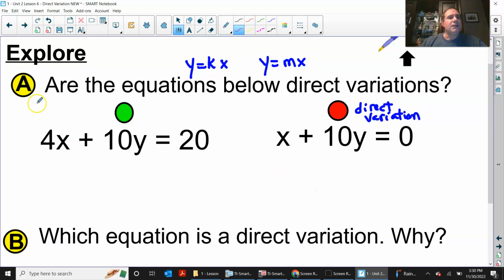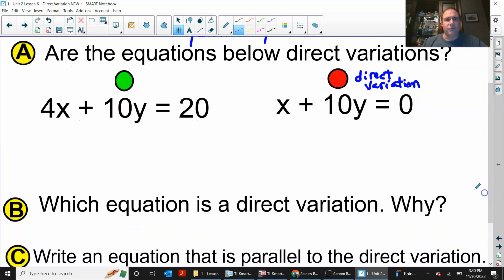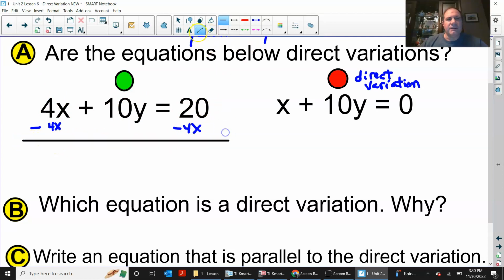I'll prove it. Remember, you must know how to solve these for y. Minus 4x, and we're going to solve this one for y. And we have three numbers here. We have 4x, the 10y, and the 20. So we know that when you solve this, you're going to get a y = mx + b that has numbers for each one.